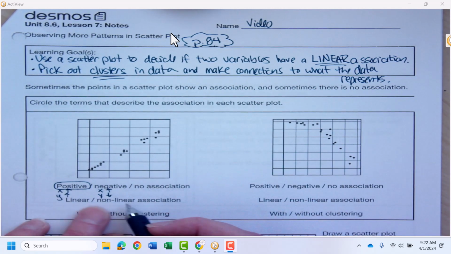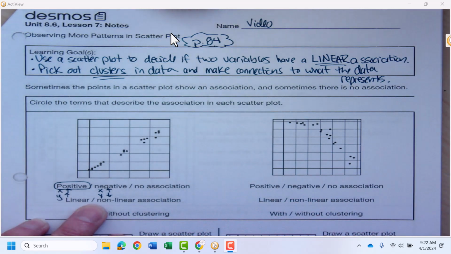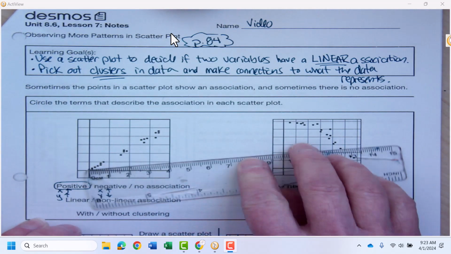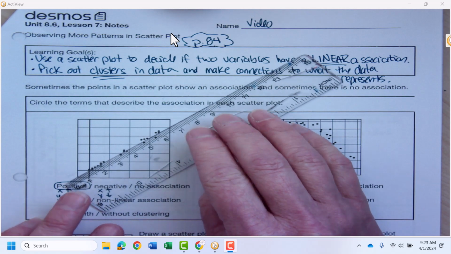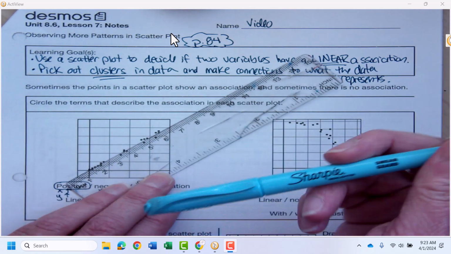What I want to talk more about, though, is whether something is linear. Now, we've made some scatter plot lines of fit, and I'm just going to use a nice clear ruler here to try and draw a line that fits my data.